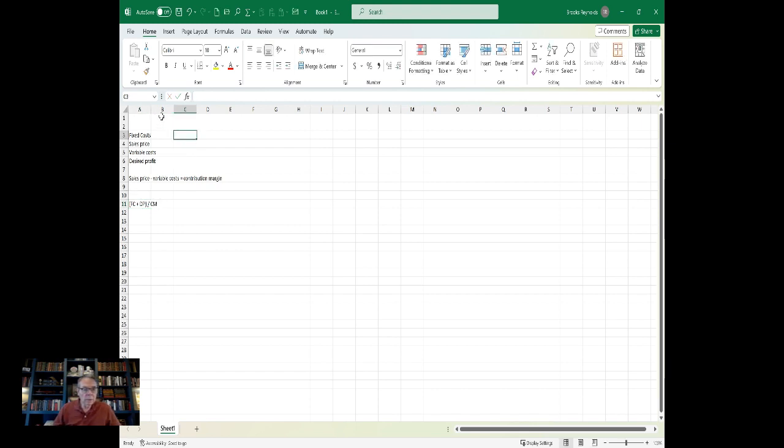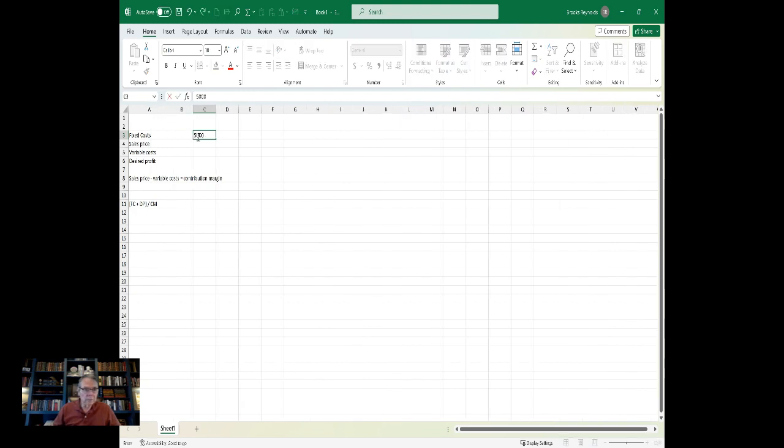So let's go ahead and put some numbers in here. Let's say the fixed cost is 50,000, the sales price per unit is 50, the variable cost is 20, and our desired profit is going to be, let's say, 30,000.